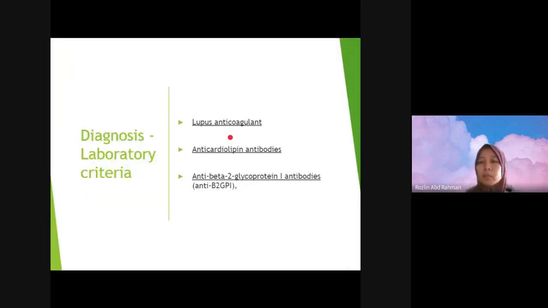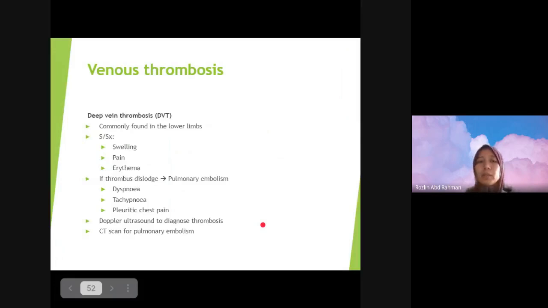So how do we diagnose? We have to check her antibodies, the ones mentioned earlier. Then another condition is venous thrombosis.